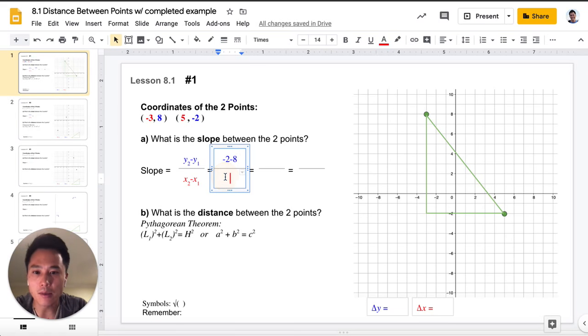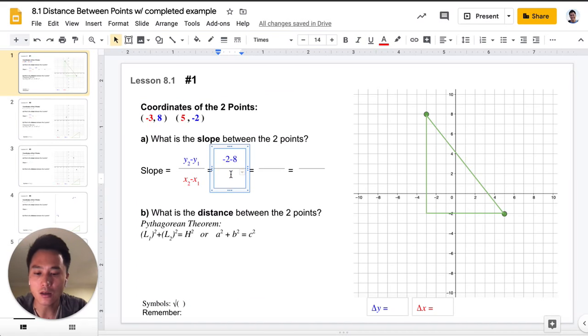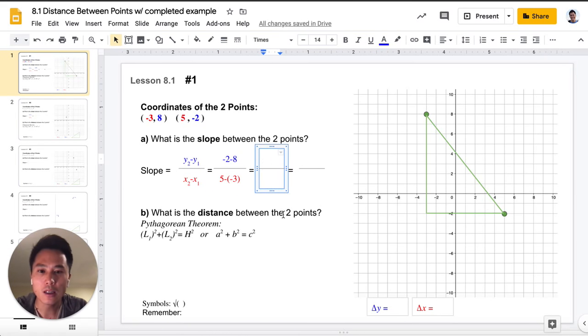Then the denominator of the slope is x2 minus x1. x2 is this x value right here, 5, minus this x value right here, -3. So I'll say 5 minus -3. Then I can keep calculating. -2 minus 8, that's -10. 5 minus -3, that's 8.